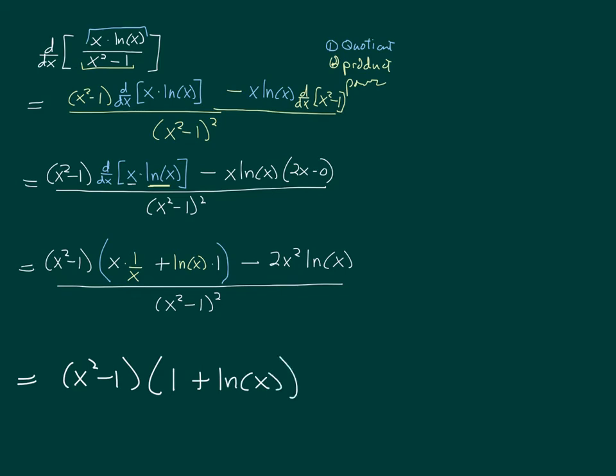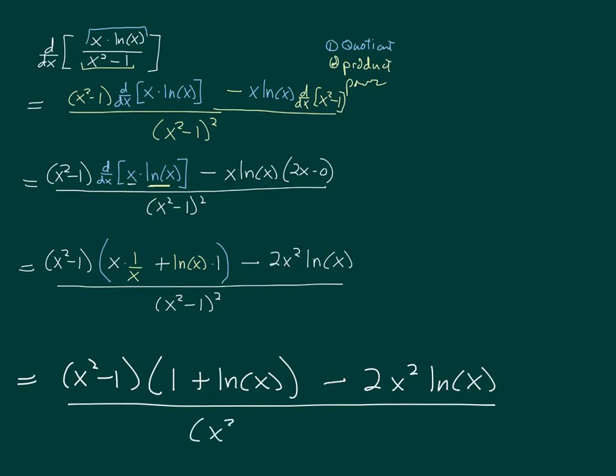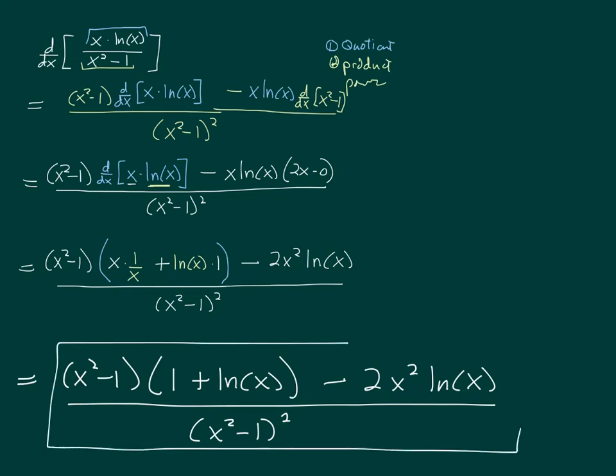Okay, so the first term in our numerator is x squared minus 1 times 1 plus natural log of x, from which we're subtracting 2x squared natural log of x, and then we divide the whole thing by our lower function, x squared minus 1, as a quantity squared. Okay, so this is our derivative for the original function.